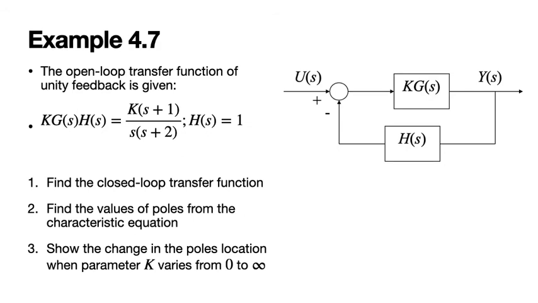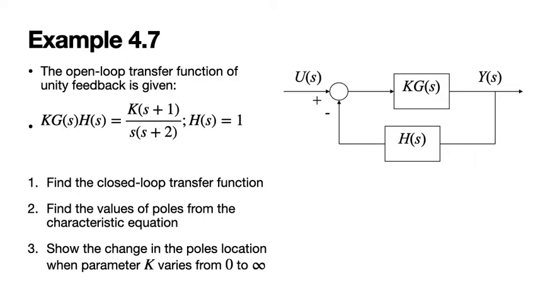To understand this concept of angle and magnitude criteria, let us look at another example. The open loop transfer function given here is KGHS. If K times G times H is called the open loop transfer function, then KG over 1 plus KGHS is the closed loop transfer function.